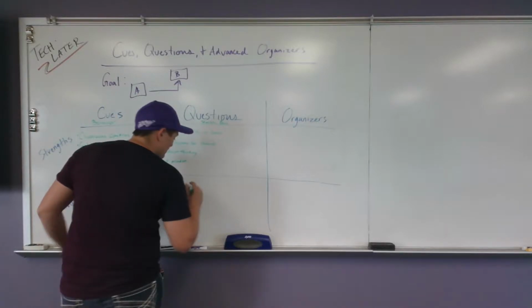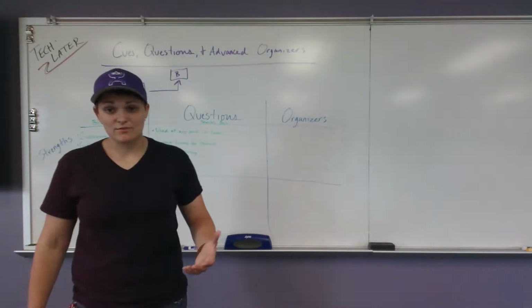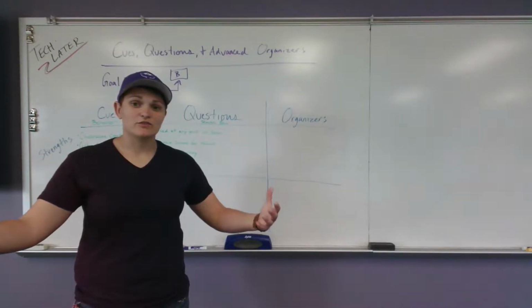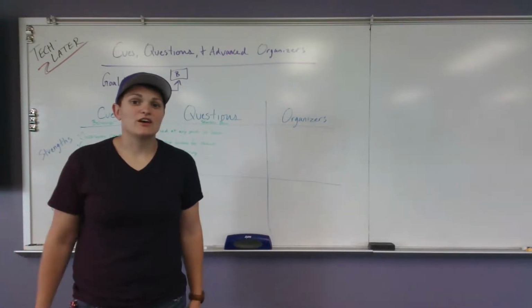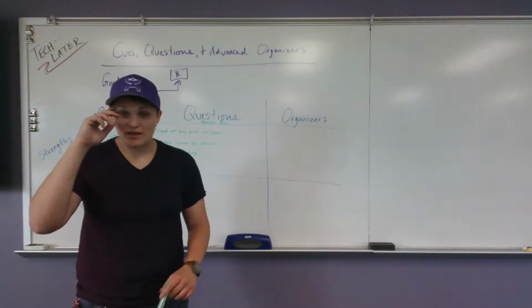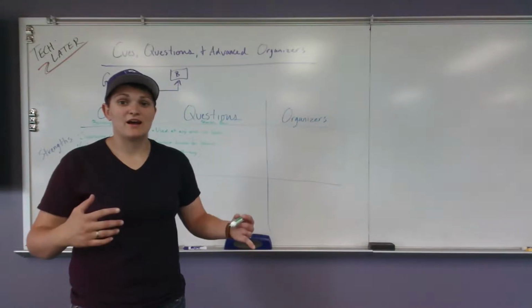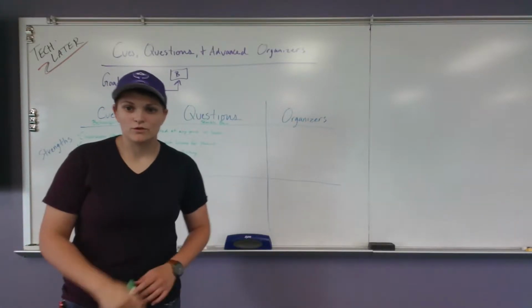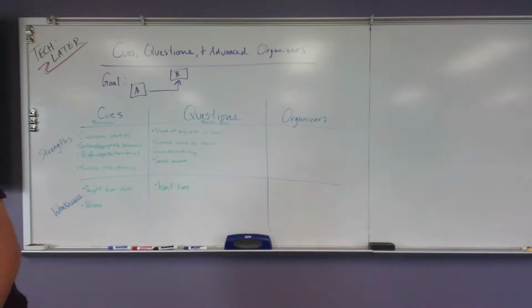Wait time can be a weakness. It can also be a strength when you're trying to get the students to come up with the answers, especially different answers and maybe not the usual. We talk about open-ended questions a lot, so they need time to really create their own responses for that.